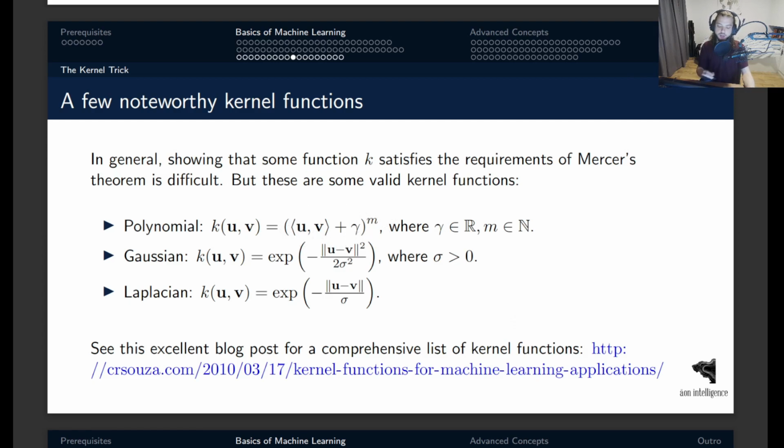And you can go back to the previous slide and you will see that the kernel that we derived is a special case of this polynomial kernel where gamma is equal to 0 because we don't add a constant to the inner product of our untransformed, unfeature mapped observations, and m was equal to 2.